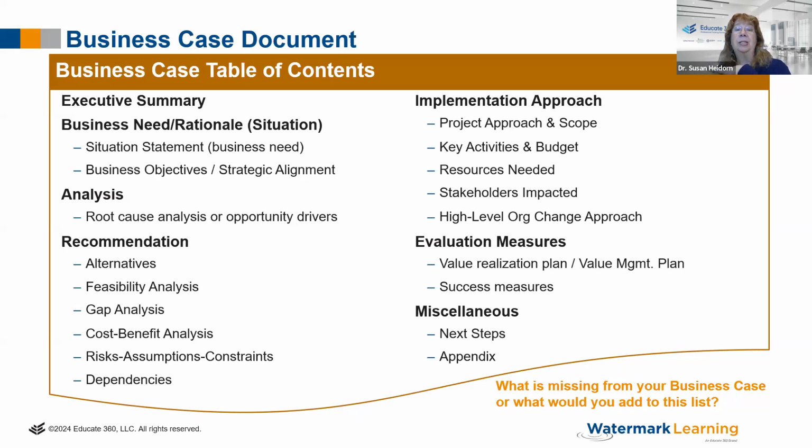Difference between assumptions and dependencies. Assumptions are those things we assume to be true, but we're not sure. I always say I'm going to assume that my stakeholders are available for me to interview them to get requirements, but I don't know that till the end of the project. Dependencies are things that we know: this project is dependent on this project being done before, or this requirement is dependent on this requirement, or this product is dependent on another.